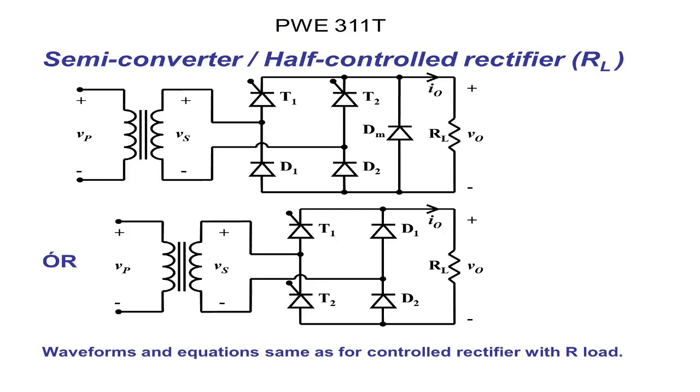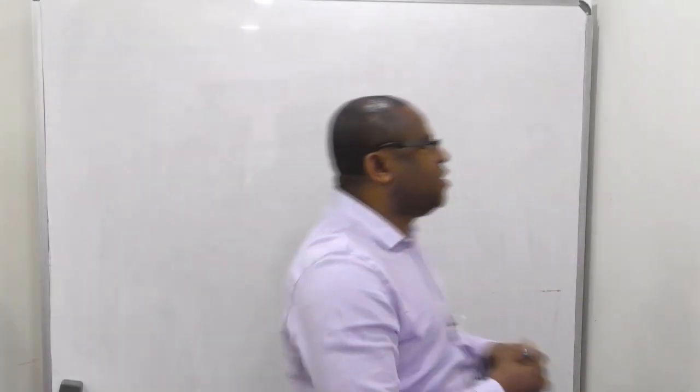Now, the next thing again is let's look at some other special converters. So now let's look at the semi-converter or half-wave rectifier. If you check the drawing, you see the difference between what we had before and what you can see now. It's just a mixture of diodes and thyristors.